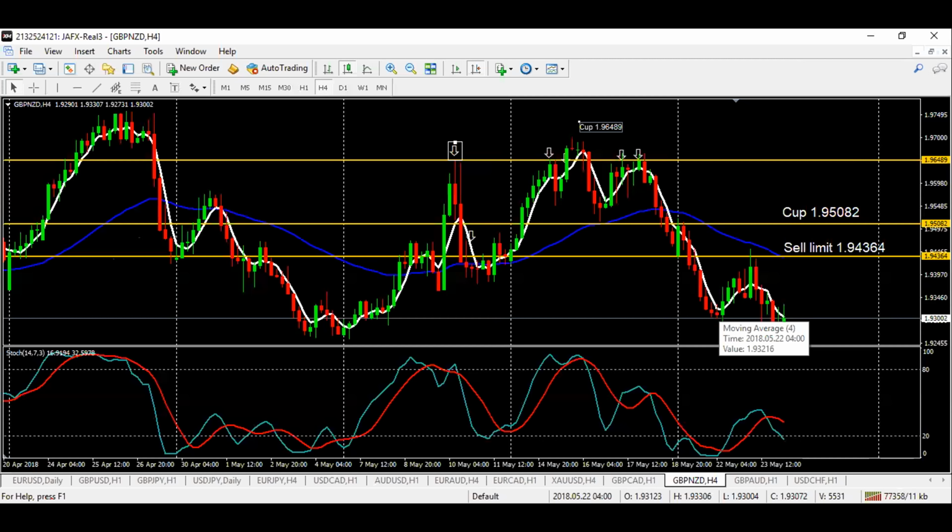Where do you put your teacup? Because remember, it has to come back around sometime, right? Where do you put it? The longest wick.